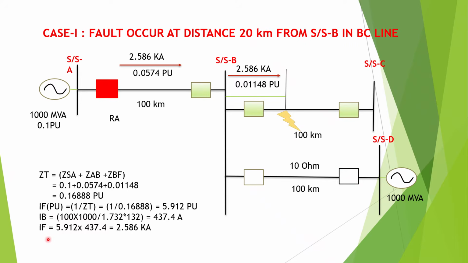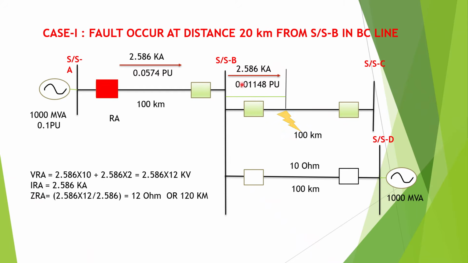So the fault current in ampere will be base current into the per unit value of the fault current, which is equal to 5.912 into 437.4, which is equal to 2.586 kiloampere.